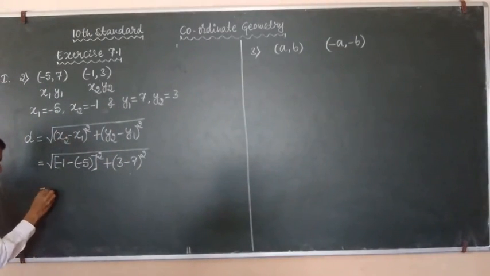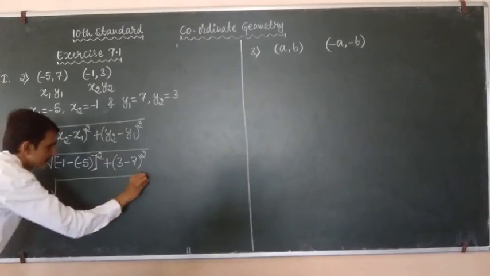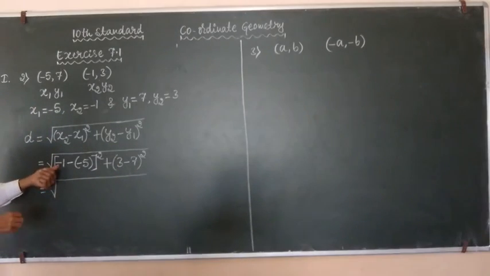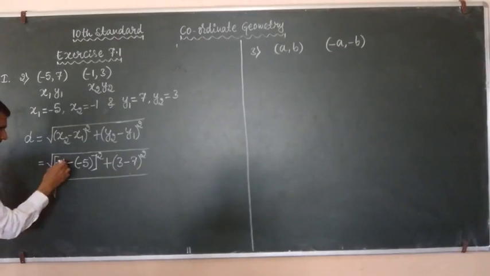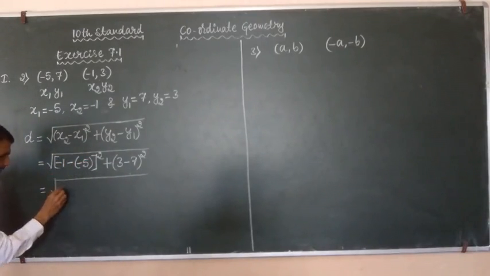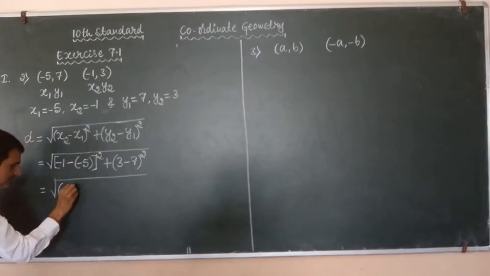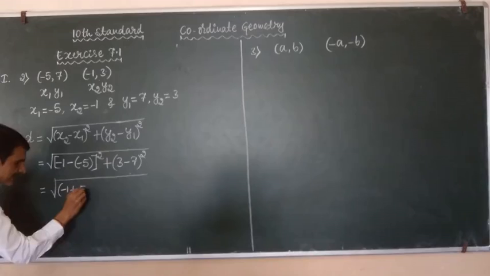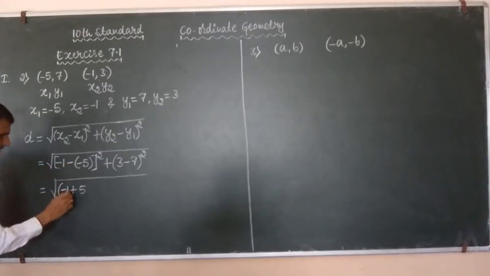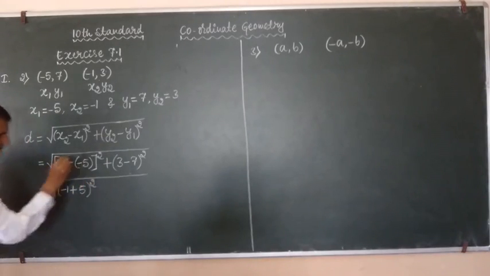So simplify this. We get, observe here, first let us simplify what is inside the bracket. Minus 1, multiply this minus into minus, it will be plus 5. Minus 1 plus 5 whole square.